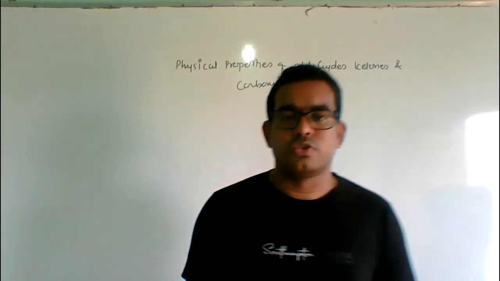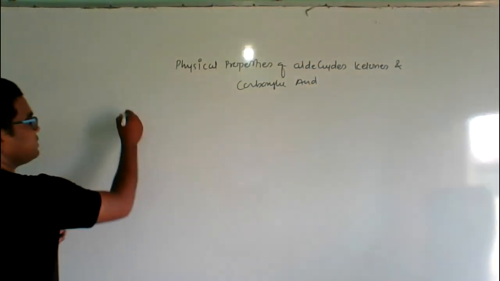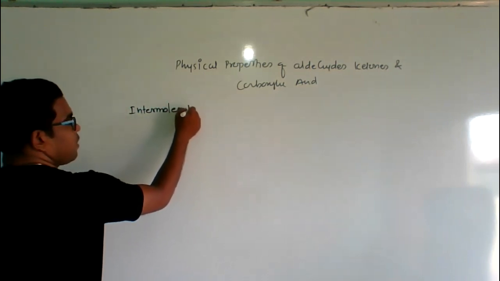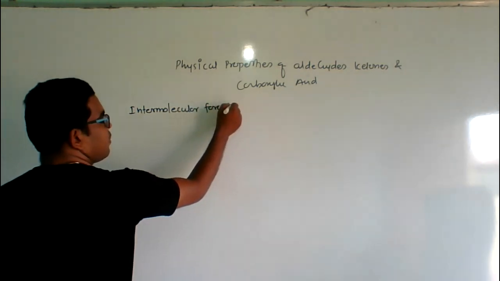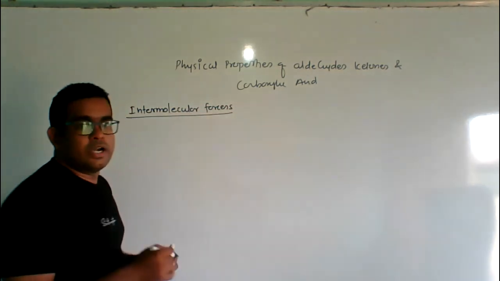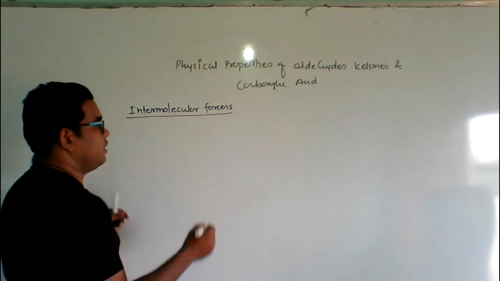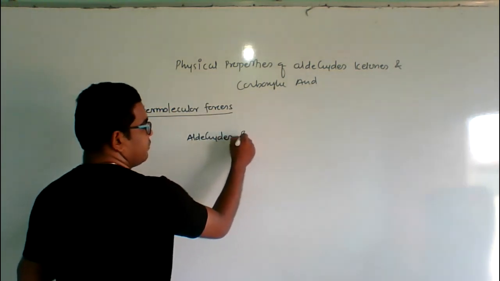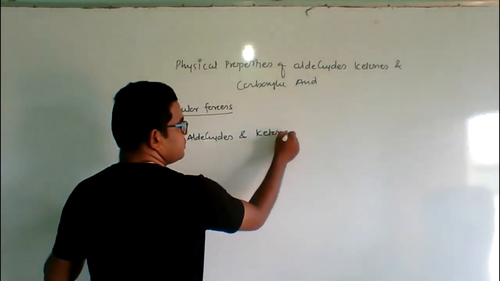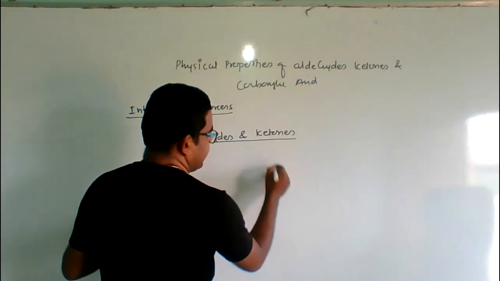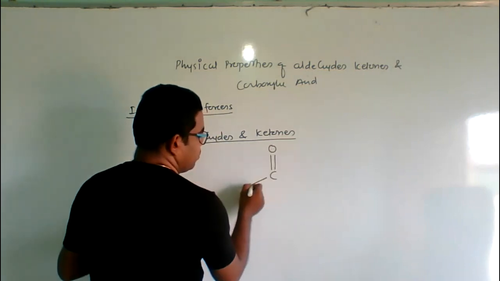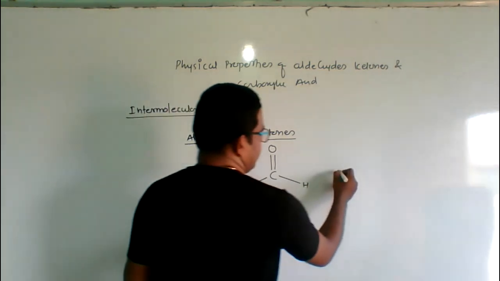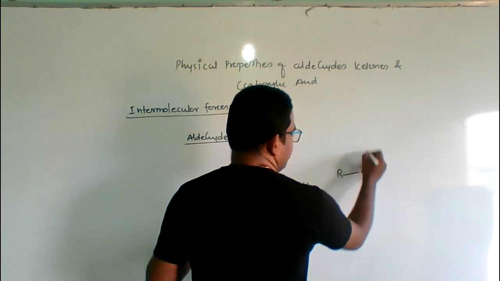So if you see the intermolecular forces, in aldehyde and ketone there is the presence of dipole-dipole interaction. Aldehyde consists of this carbonyl group, with general structure R, H, and ketone consists of two alkyl groups.